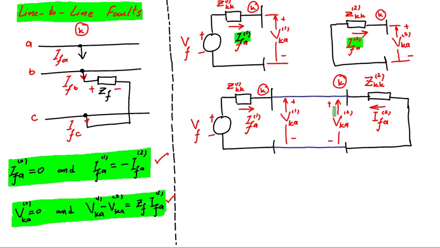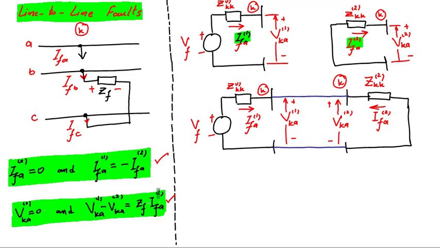Now let's see the next equation, the voltage characteristic equation in terms of sequence components. This equation suggests that the difference of Vk positive sequence and negative sequence should be equal to this voltage drop. But if we look at this circuit, the positive sequence and negative sequence voltages are equal. Their difference is 0.